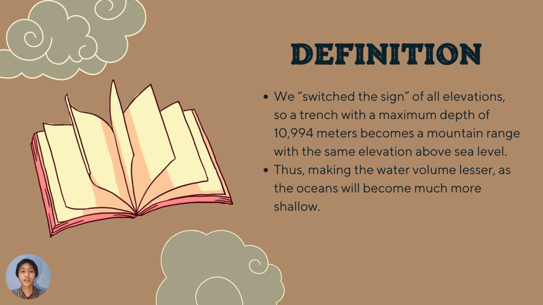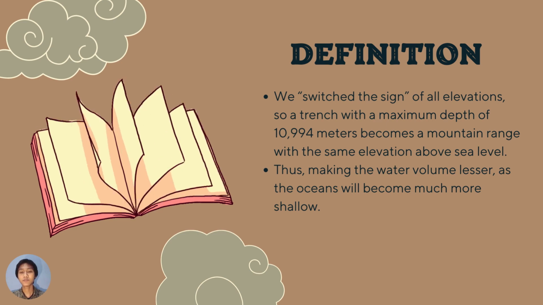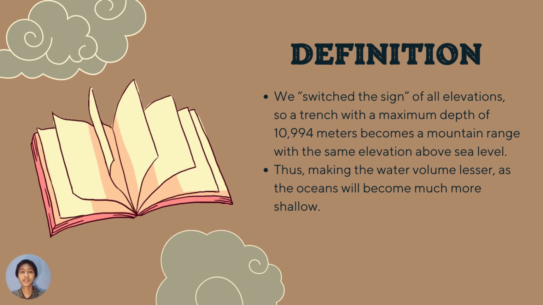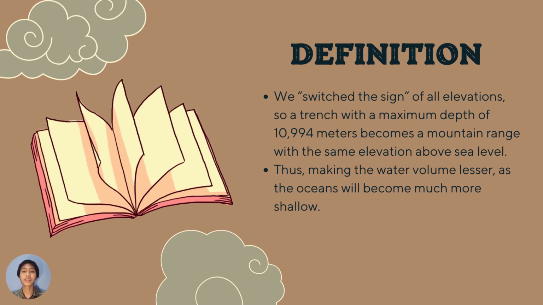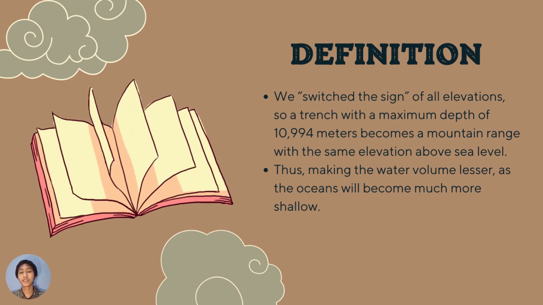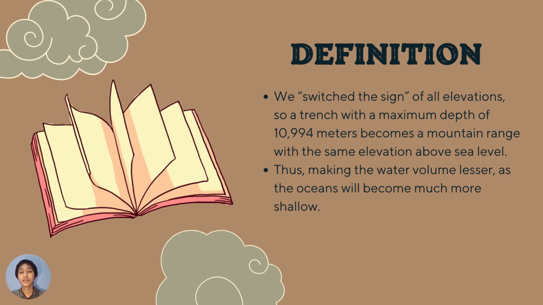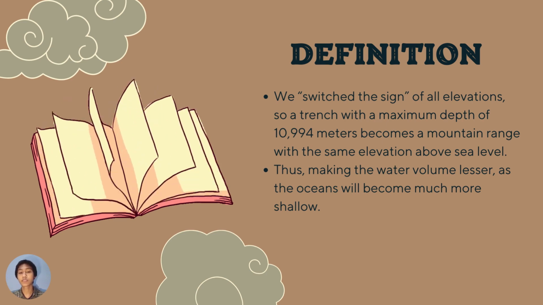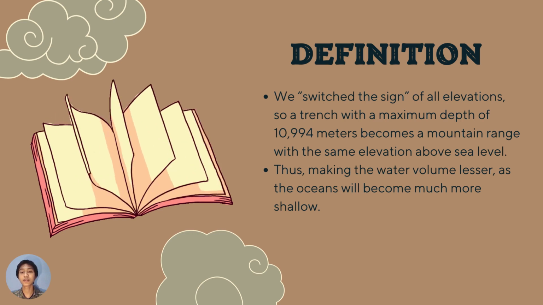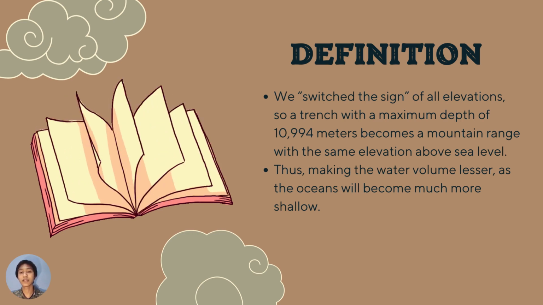The definition is as written: we switch the sign of all elevations, so a trench with a maximum depth of 10,000 meters becomes a mountain range with the same elevation level above sea, thus making the water volume lesser and the oceans much more shallow, because the water volume is not maintained.